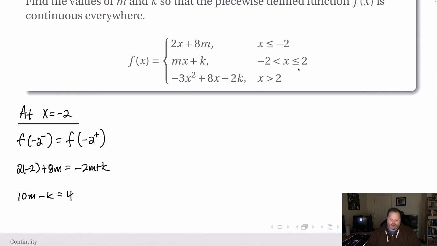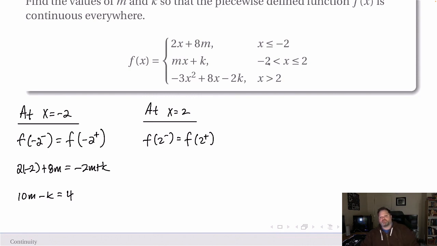At 2, the condition is similar. I need the function value at 2 from the left to equal the function value at 2 from the right. So the function to the left of 2 would be this middle one. So that's 2m plus k.